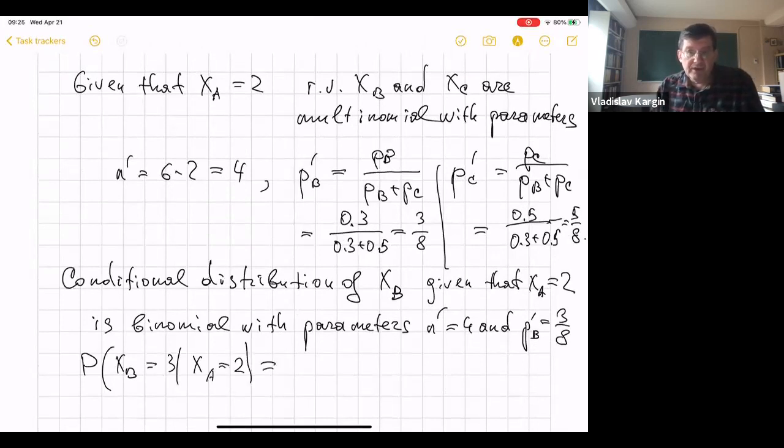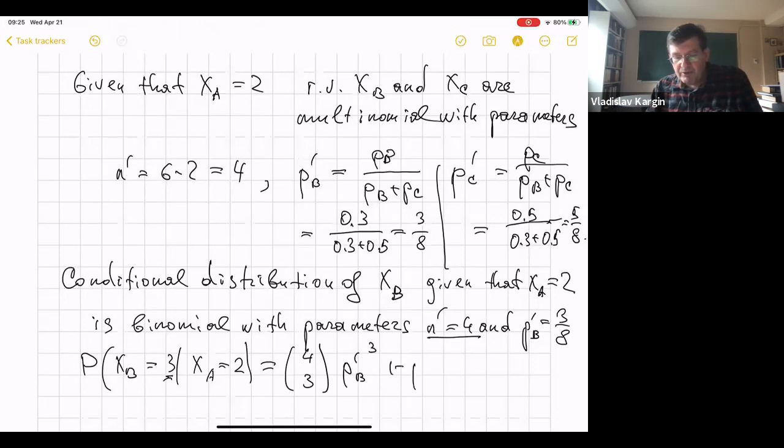You can use software or tables, but the formula is: 4 choose 3, this is what you're interested in, times P_B prime to the power of 3, times 1 minus P_B prime, the new probability, to the power of the new n minus 3, which is 4 minus 3.